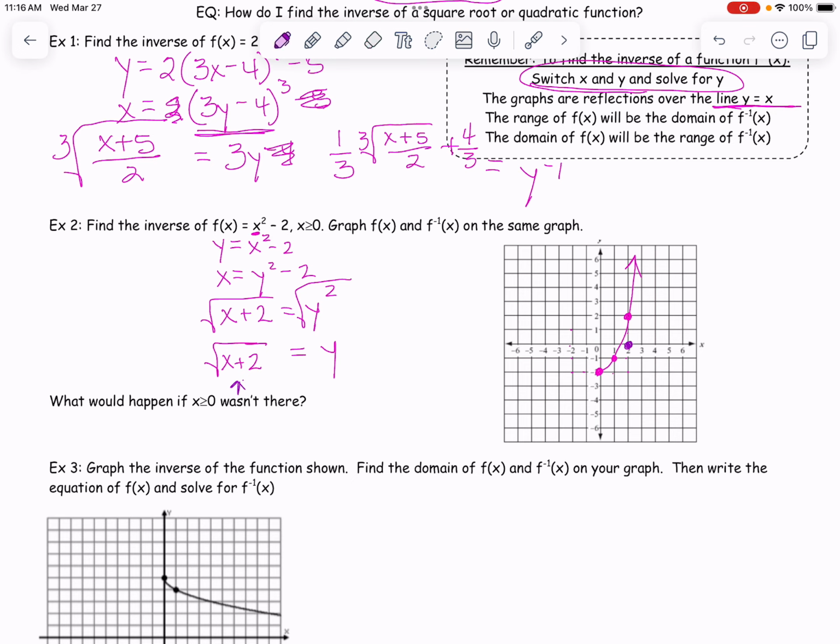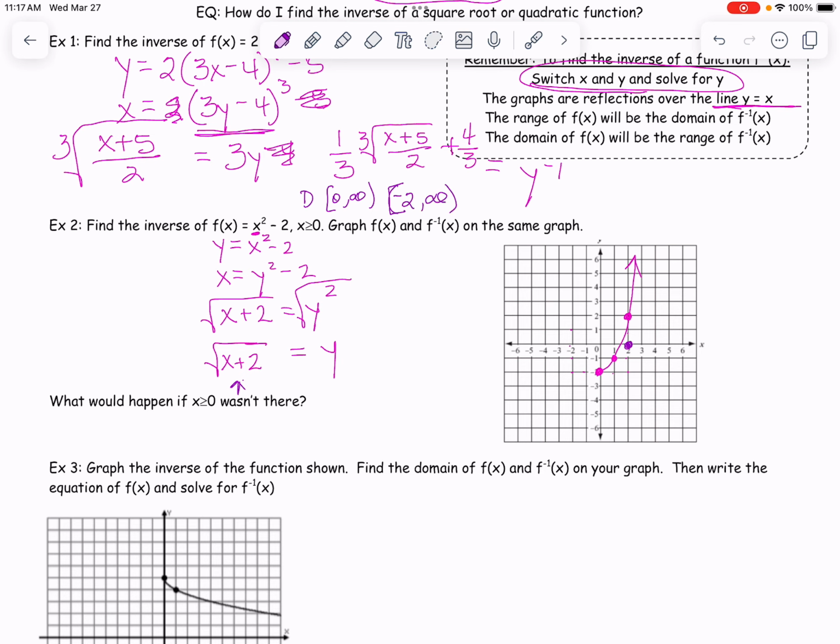So for my original graph, the domain would be from 0 to positive infinity. And my range is going to be from -2 to positive infinity.